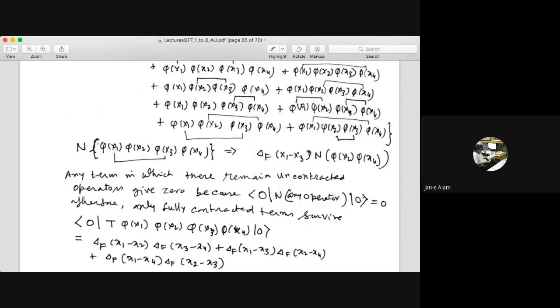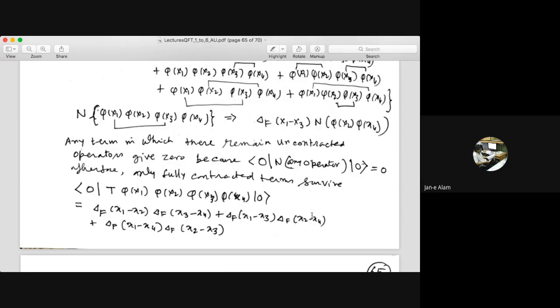Then the other 2 non-contracted fields, phi x2 and phi x4, remain normal ordered, and when you normal order them, the annihilation operator will come on the right and give you 0. So any term in which there are remaining uncontracted operators will give you 0, because when I take the vacuum expectation value, normal ordering of operators gives you 0. Therefore, only the fully contracted terms will contribute.